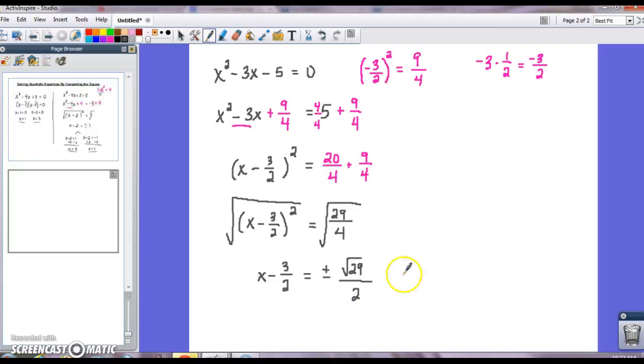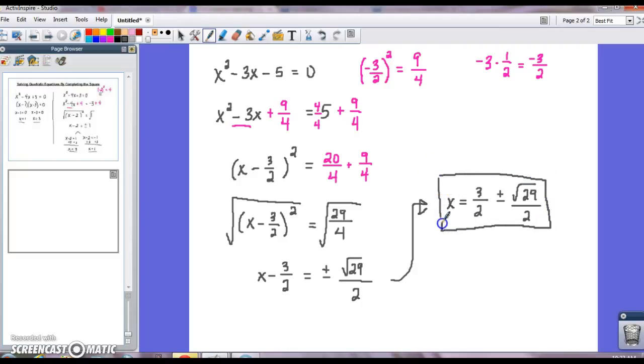I'm going to add 3/2 to both sides of my equation. So I end up with x equals 3/2 plus or minus the square root of 29 over 2. That is completing the square when you can't factor something.